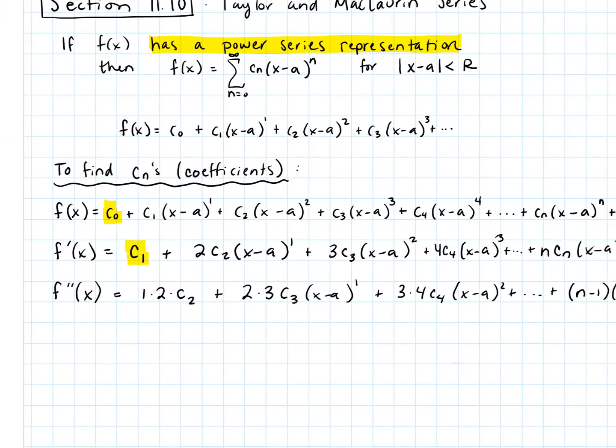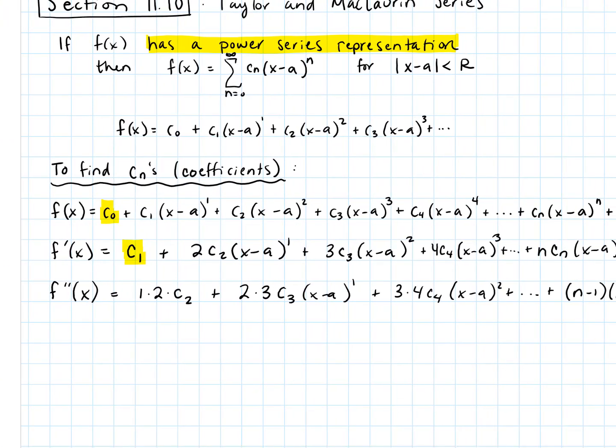Okay, let's do a third derivative. I think we'll start to see the pattern pretty clearly by the time we get to the third derivative. I do want to notice that constant there. By the time we get to the third derivative, we're going to have 1 times 2 times 3 times c3 times (x minus a) to the 0.